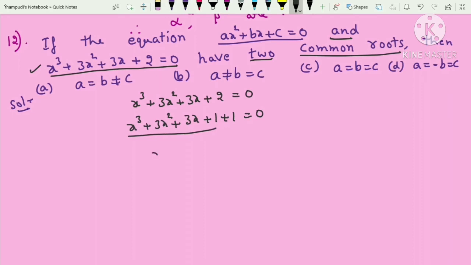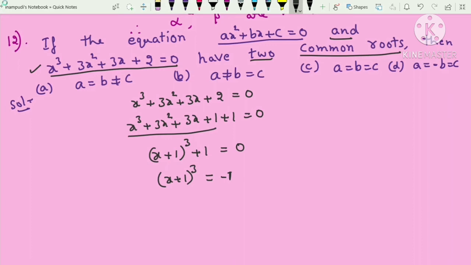So (x + 1)³ + 1 = 0. So this can be written as (x + 1)³ = −1.